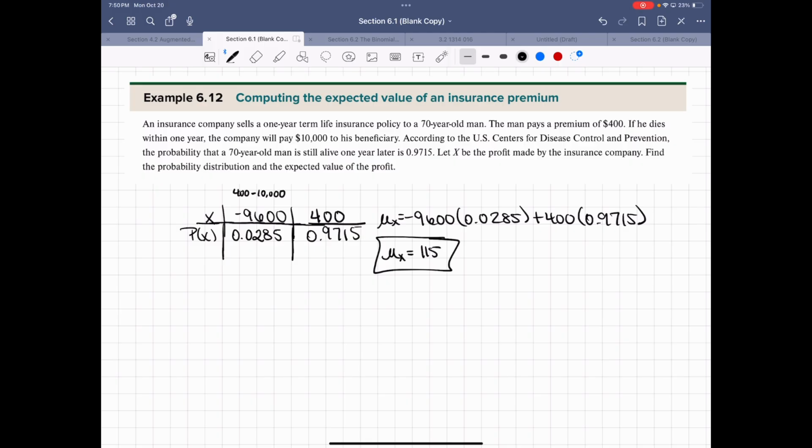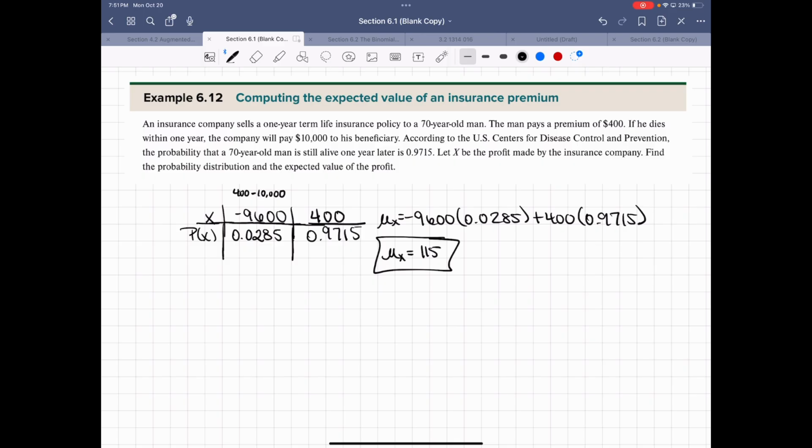This has nothing to do with what's best for the older gentleman. This is what's best for the insurance company, and how much money they want to make is what this problem's about. Okay? So the actuaries sat around and said, well, look, there's a 97% chance that this old man will be alive within a year. Evidently, he doesn't smoke.